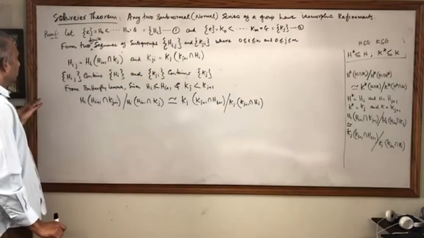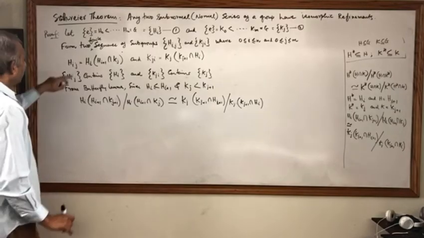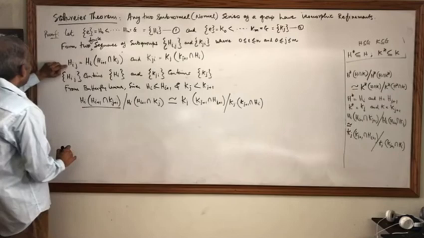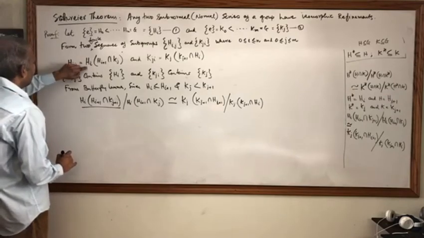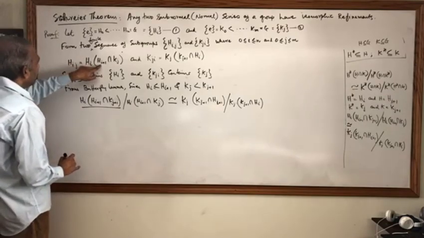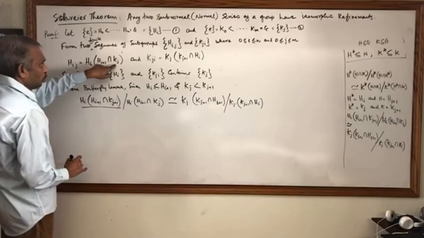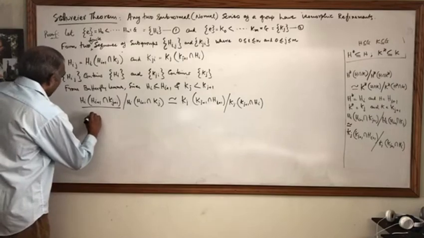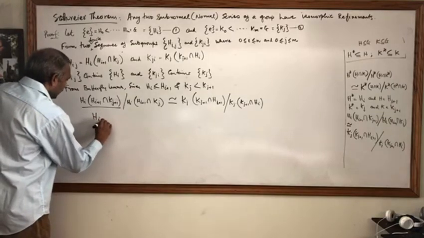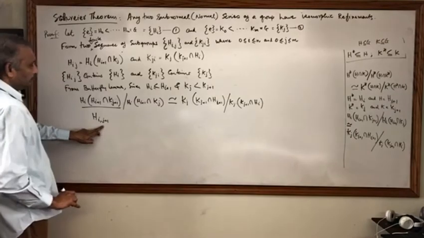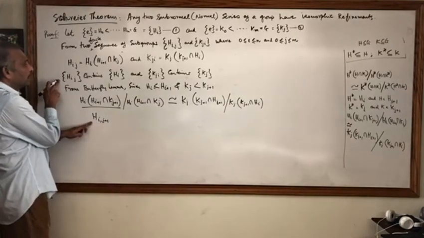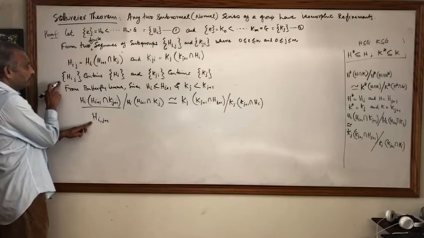Very simple. Now, what is this? Hij is Hi times Hi plus 1 intersection Kj plus 1, so this is going to be Hi,j plus 1, and this is an element in this sequence of subgroups.